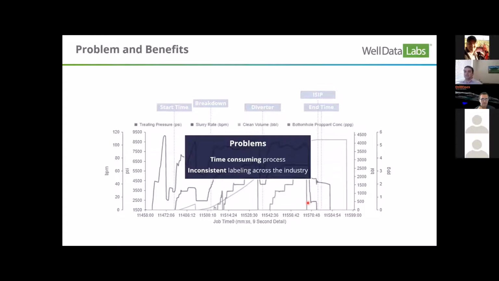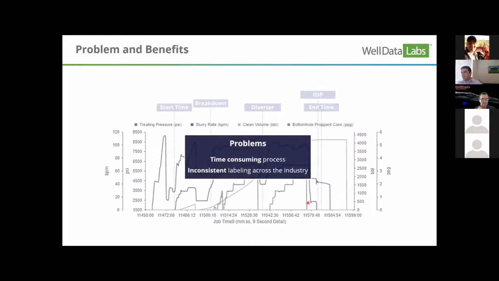And that might be inconsistent because one engineer chooses a way to label events and other engineers will choose another way. So the problem here is that it's a time-consuming process, and it's also a very inconsistent process.